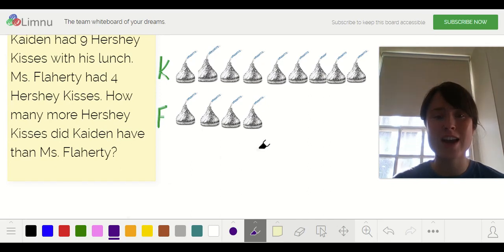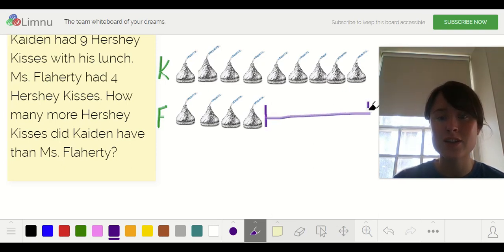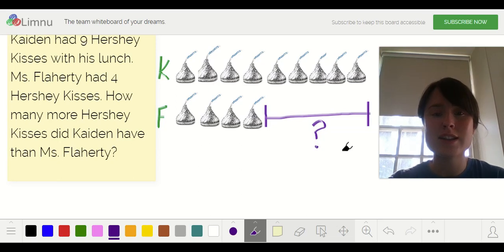Whenever we hear a question that asks us how many more, that means we want to find the part that's extra or the part that's different. So I notice right here that Caden has extra Hershey Kisses compared to Miss Flaherty. We want to know how many extra does Caden have? Go ahead and try to figure that out.